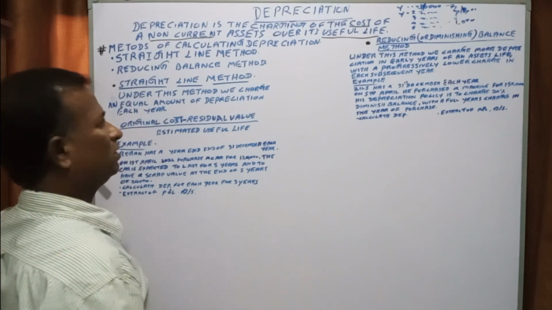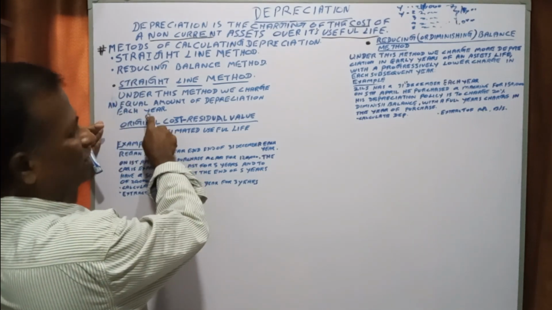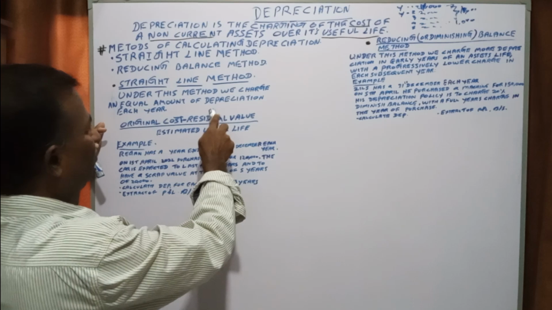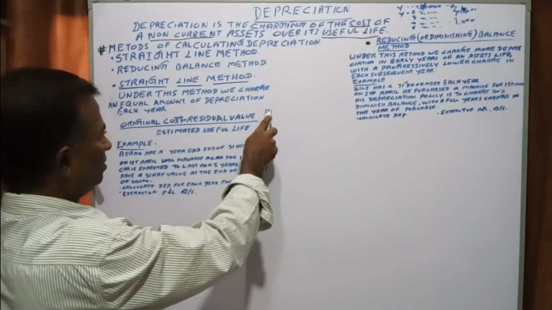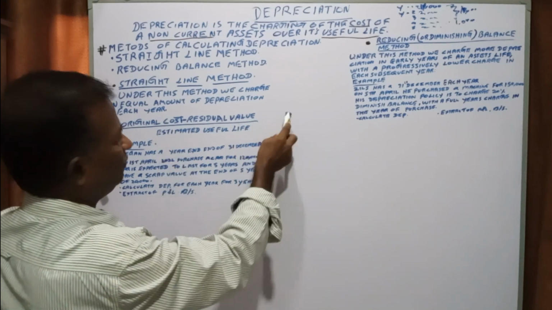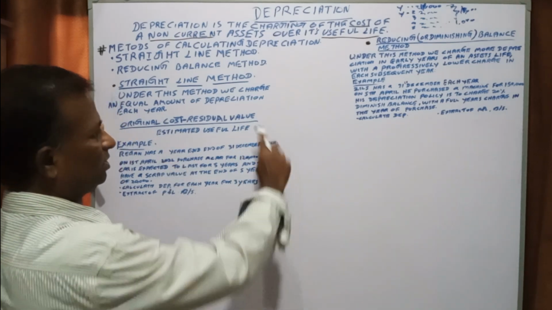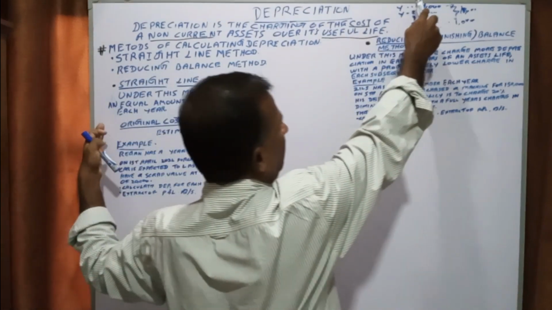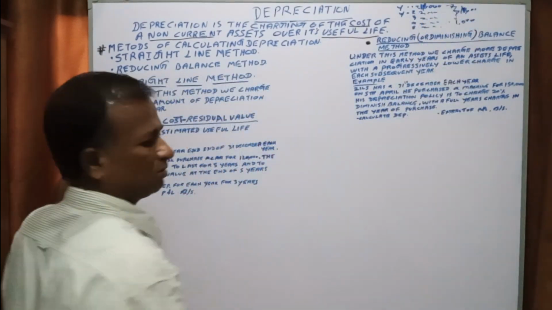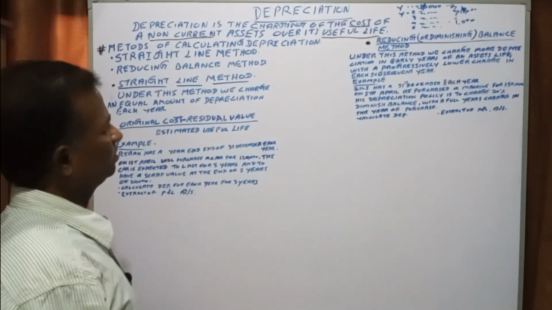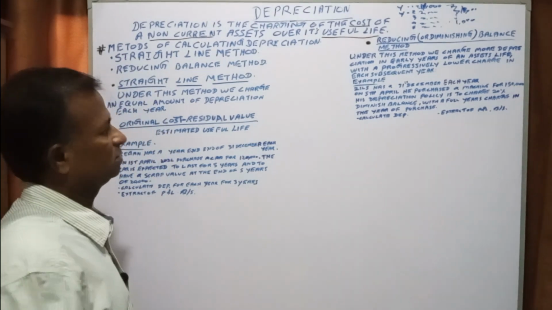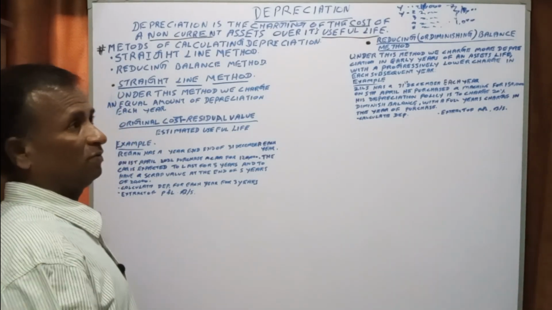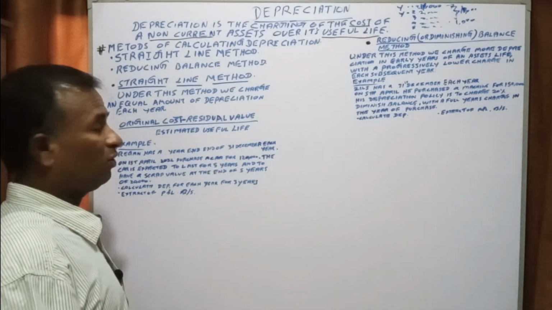So 11 minus 1 is 10,000, and 10,000 divided by 5 is 2,000. We are reducing it. Okay, understood? We are charging, in the sense we are deducting from the non-current assets.